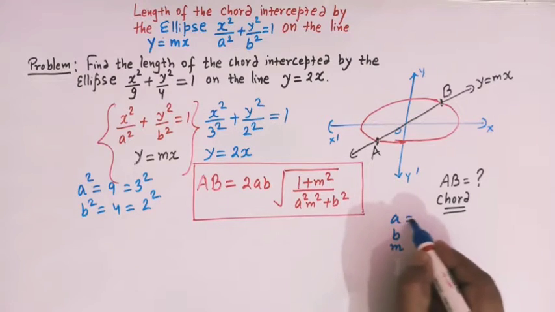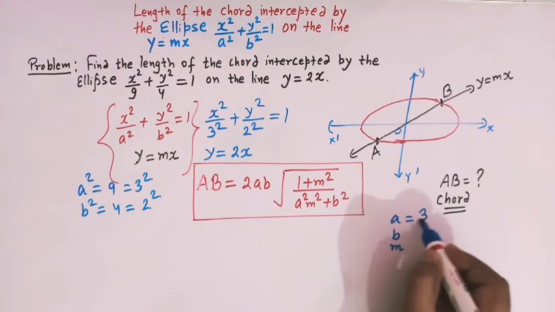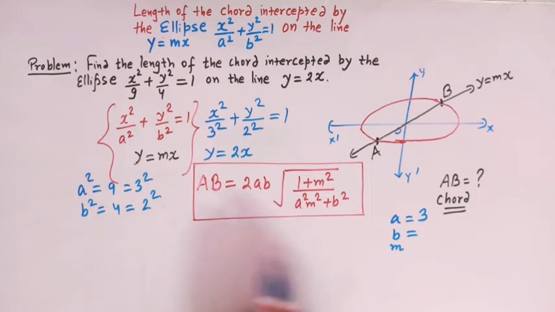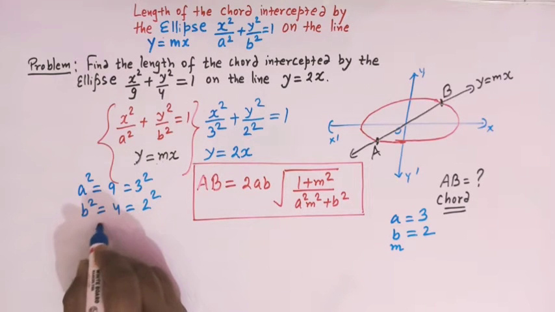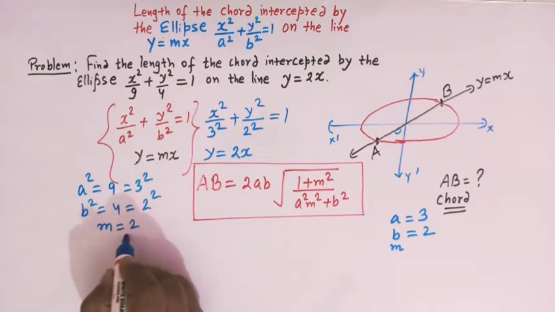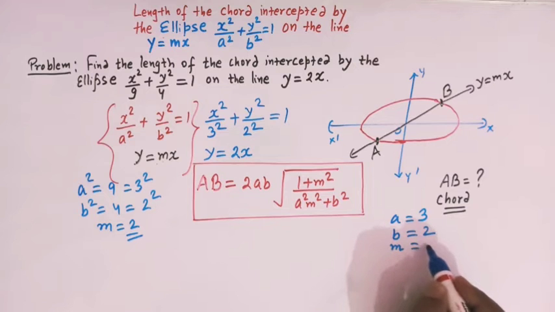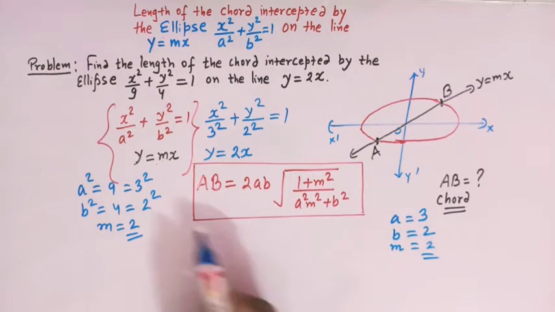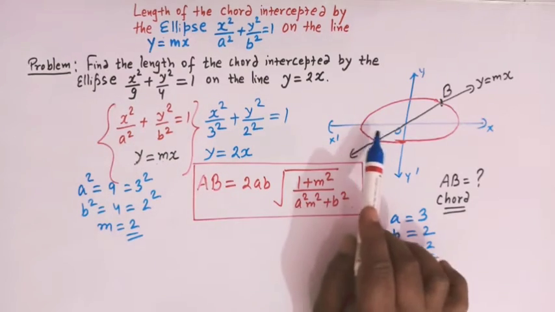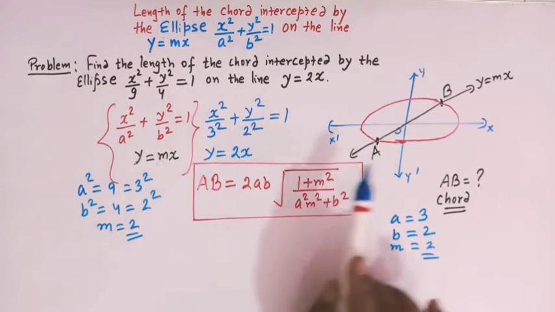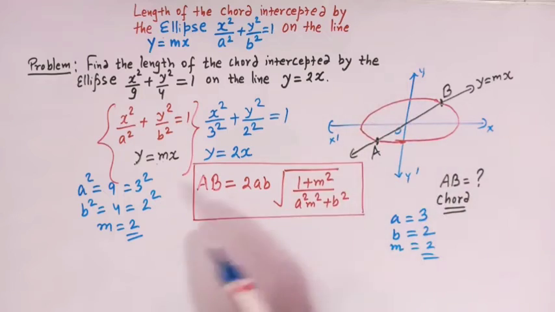So the value of a is 3 and the value of b is 2, right? And here if we compare these two equations, then the value of m is 2, right? So here a is the length of the semi-major axis and b is the length of the semi-minor axis, and m is the slope of this line, right?